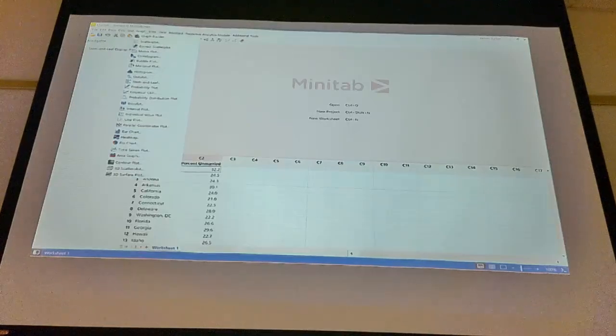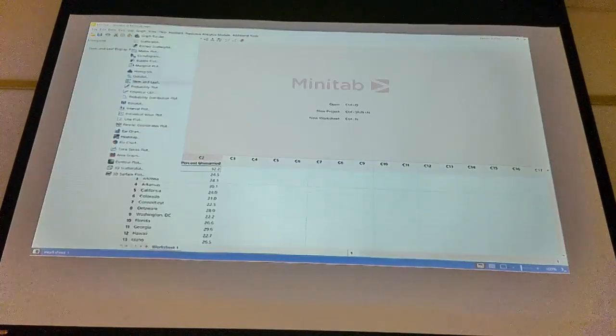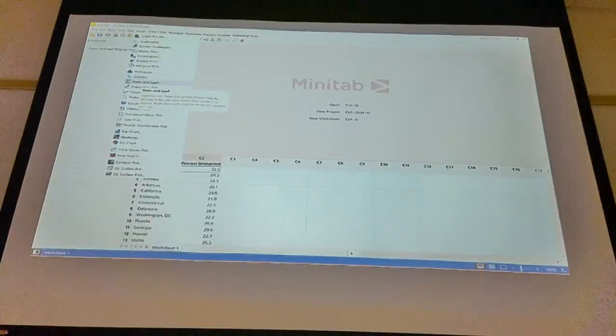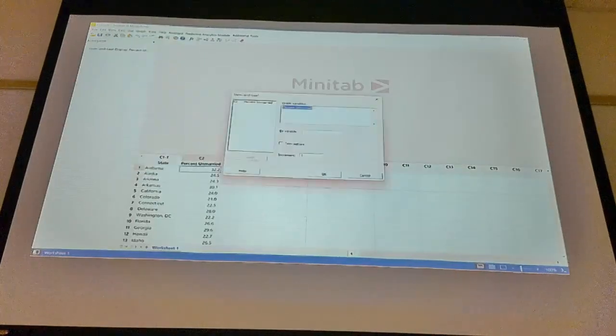Stem and leaf. Right, obviously 1% unmarried. I think it just did it twice, so let's pretend that's not there. Right, select. Increment of 1, just leave that alone and hit OK.